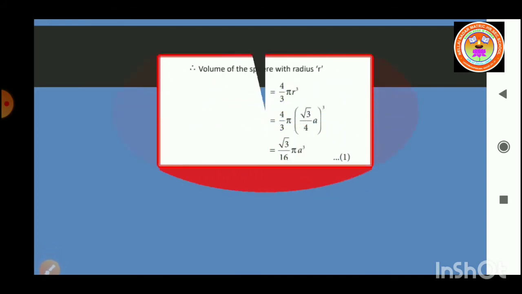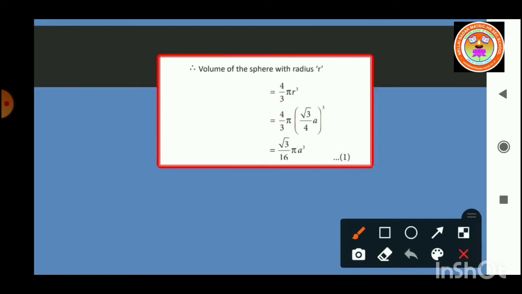Let us substitute it in the volume of the sphere with radius R. What is the formula? 4 by 3 pi R cube. Instead of R, we substitute root 3 divided by 4 into A, whole cube, isn't it?